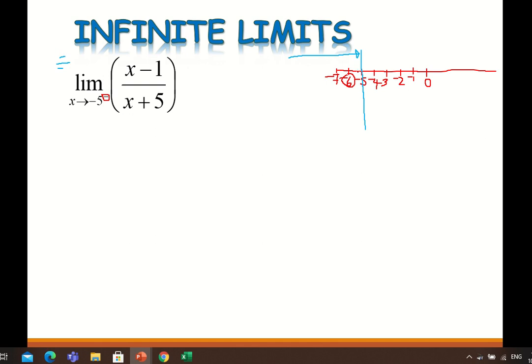How about when the value is very close to -5, say -5.5? Substitute it here, it is still negative divided by negative, so positive.